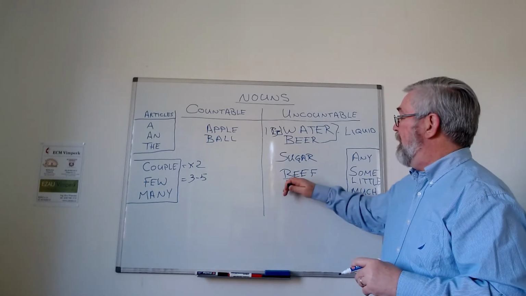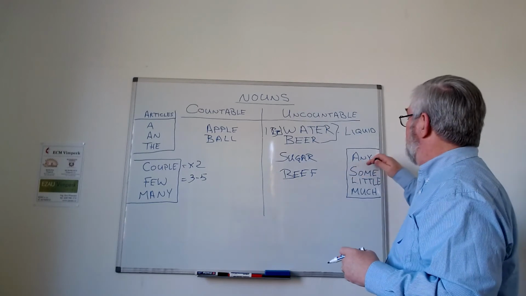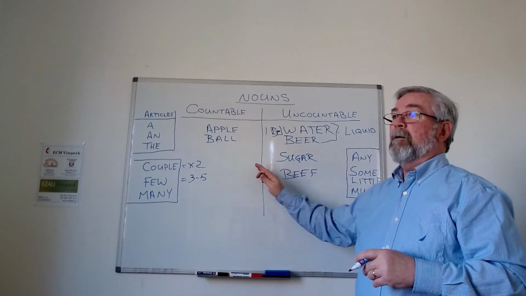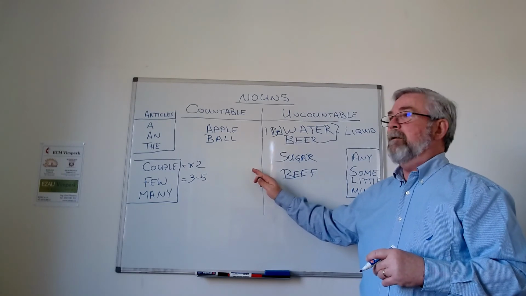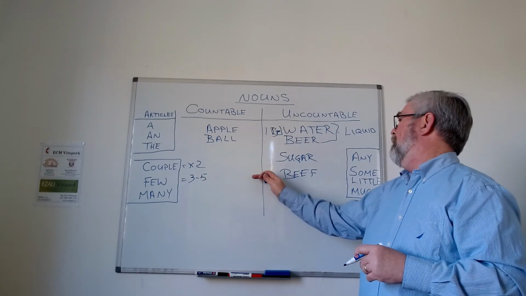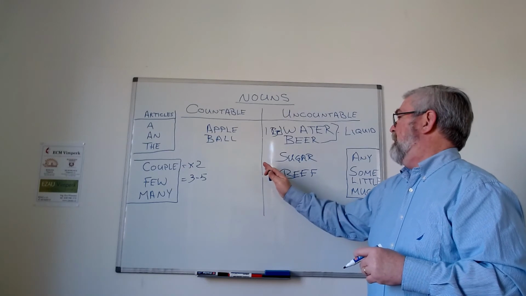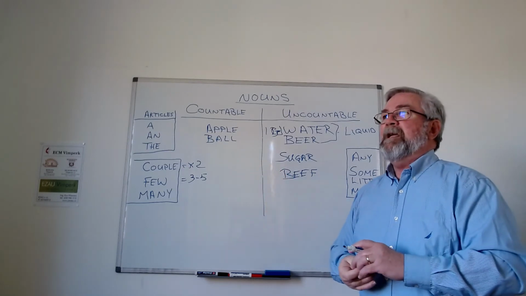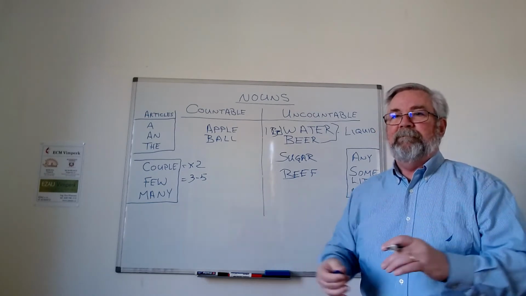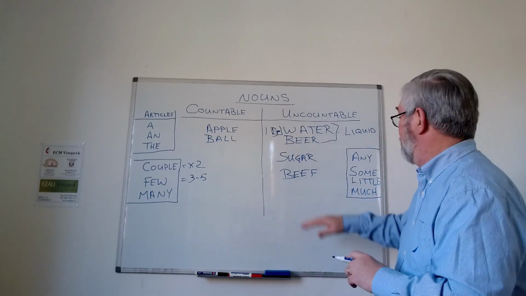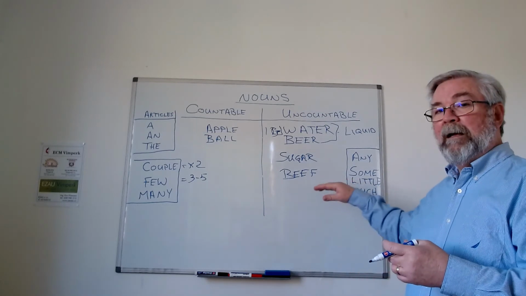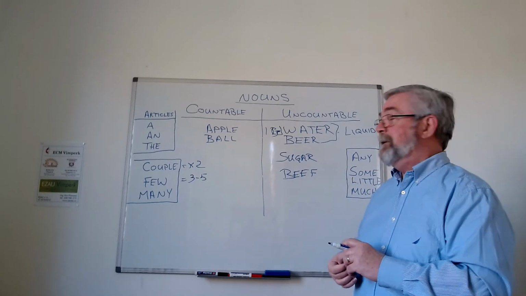You would have to say, I would like some beef, or let's say 10 grams of beef, something. I'm just throwing that out there. Or that's too much beef, or that's too little beef.